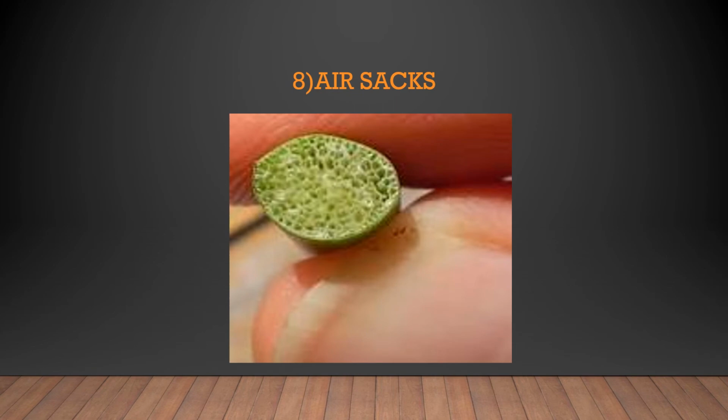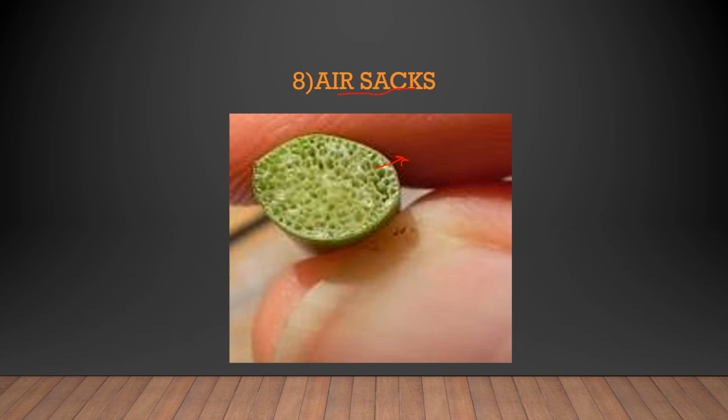Another important adaptation is the presence of air sacs. You can see here there is a stem and it has sac-like structures. These are special air sacs. These air sacs can be present in the stem, leaves or roots in the case of hydrophytes.